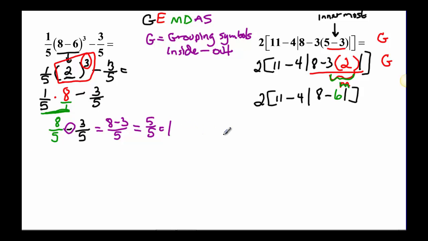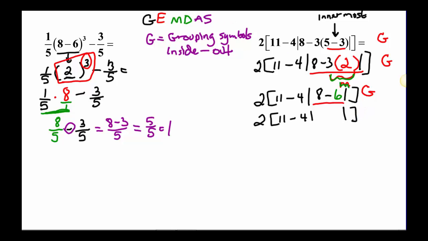All right, so now we have, again, a grouping symbol here that we have to deal with. So if we continue writing the problem, 2 times a bracket, 11 minus 4 absolute value, and then we're going to fill that in.